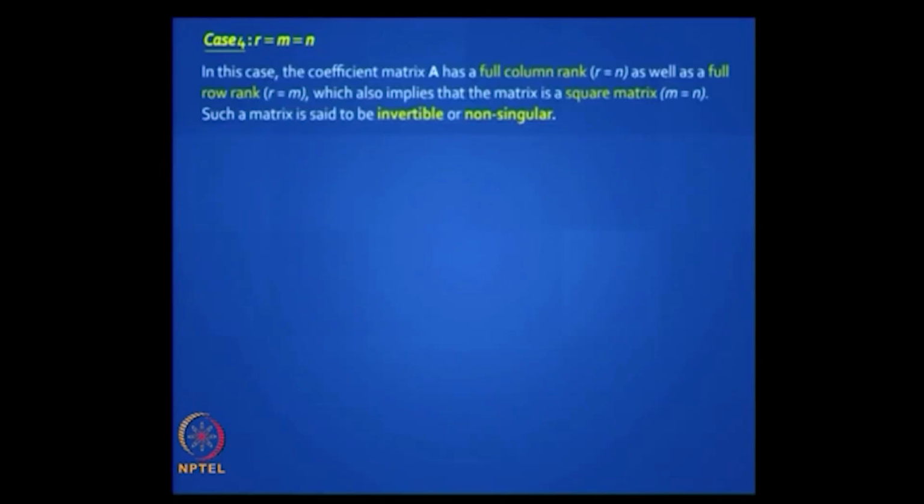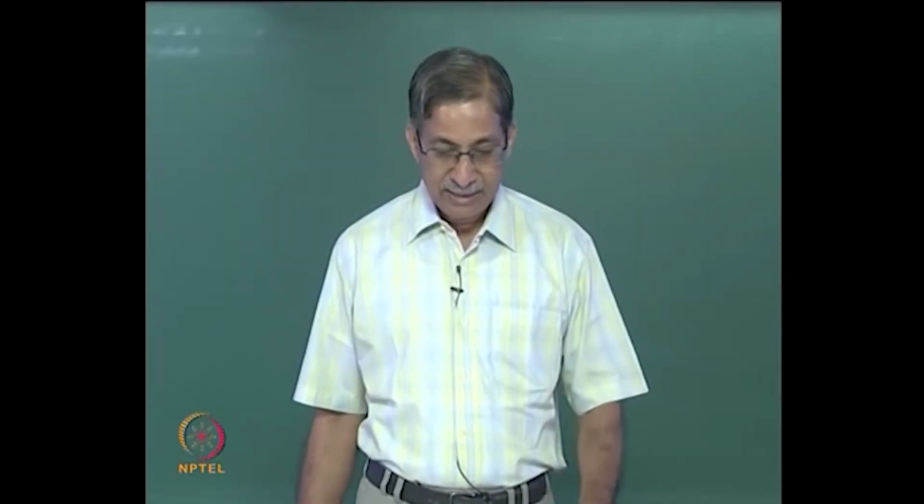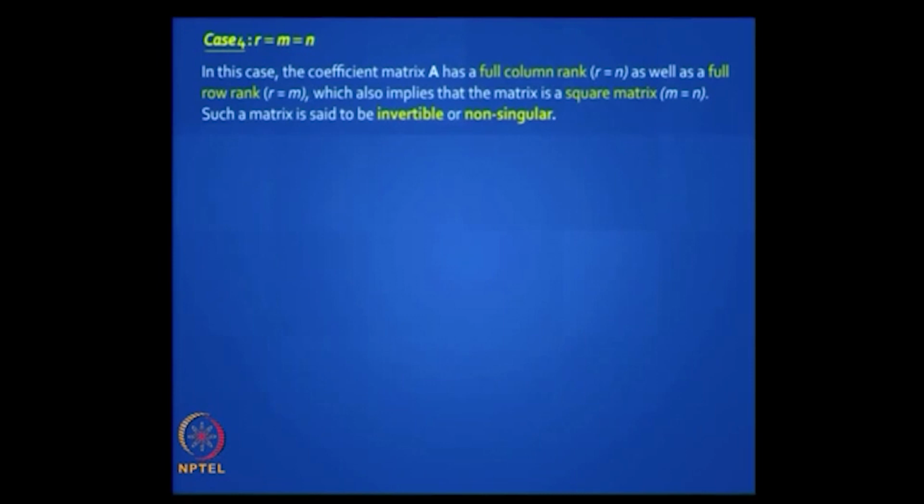This case is straightforward, full rank if you are lucky, but if your structure is stable you are likely to get this situation, and if it is statically determinate, this is straightforward. In this case the coefficient matrix A has a full column rank as well as full row rank, and this also implies that the matrix is a square matrix. Such a matrix is said to be invertible or non-singular.